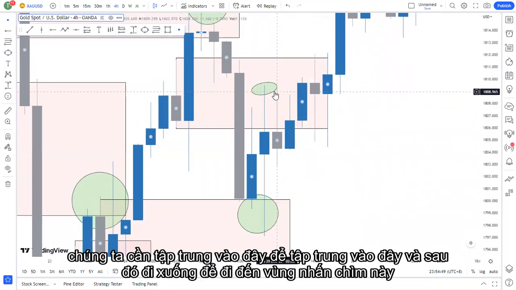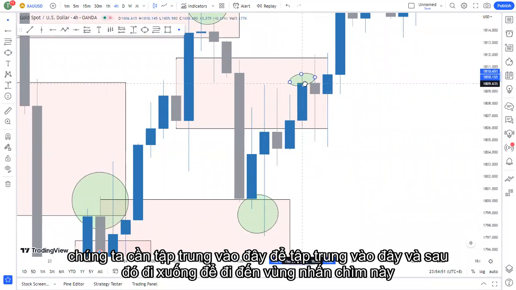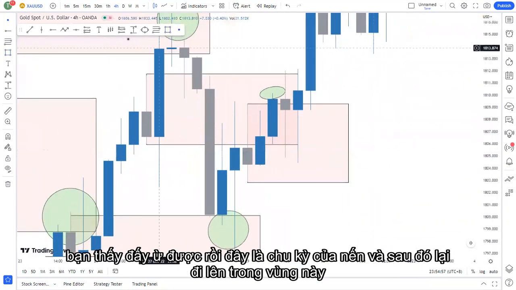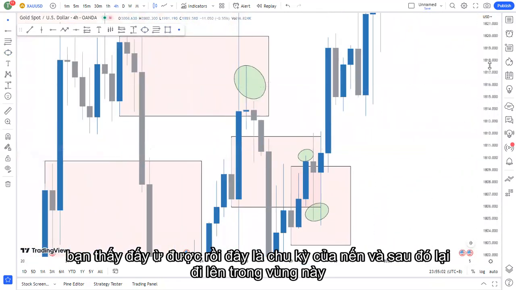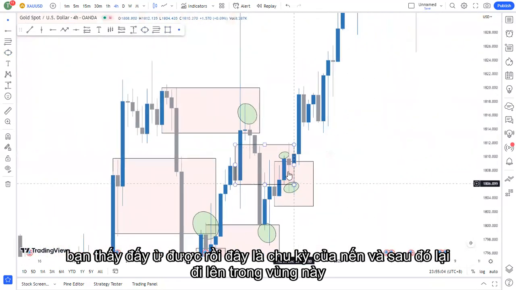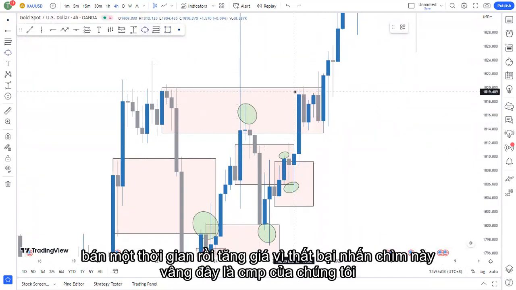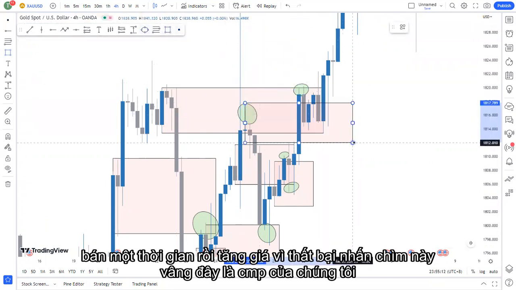Sorry, we need to focus here, and then went down to this engulfing buy zone. You see it? This is the cycle of the candlestick, and then went up again, stuck in this sell zone for a while, and then went up because of this engulfing sell.